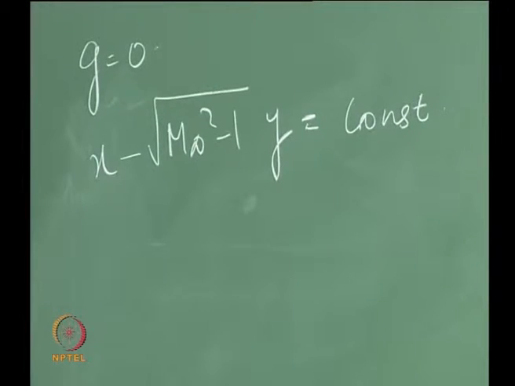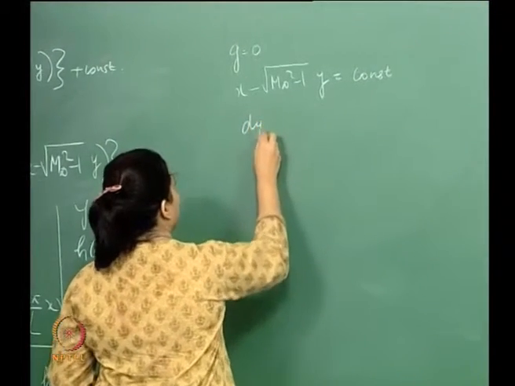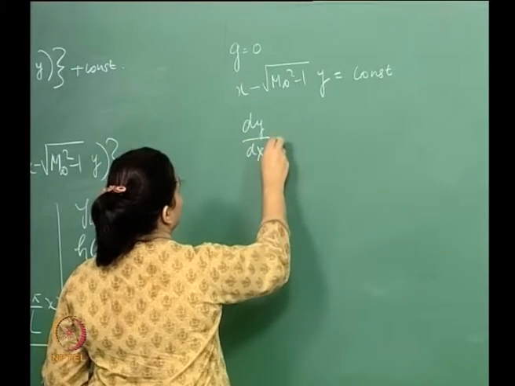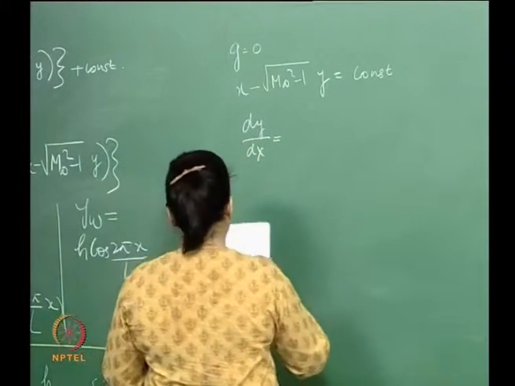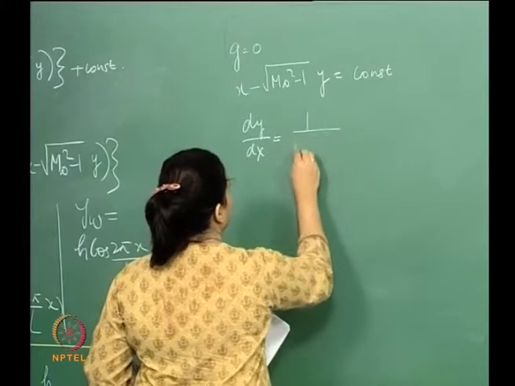So in this case I can write the slope of each line, dy by dx, is this.